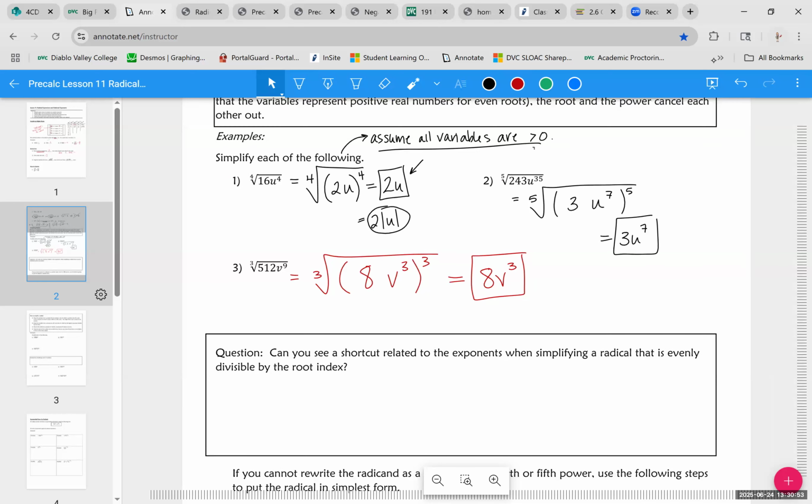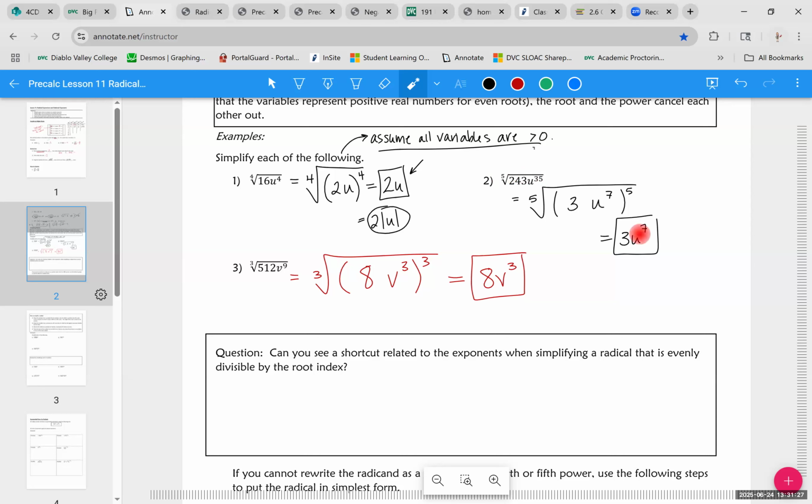You'll notice, though, that I do have a question about a shortcut here. Can you see a shortcut related to the exponents when simplifying a radical that is evenly divided by the root index? So in other words, do you see a shortcut between my answer here was u to the 7th, and I started with u to the 35th, fifth rooted?